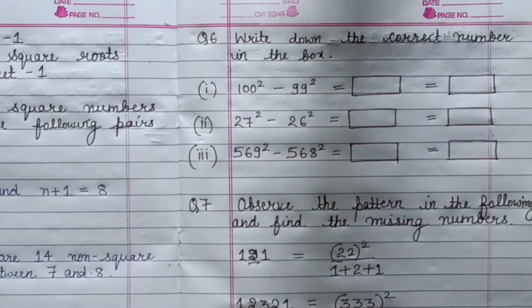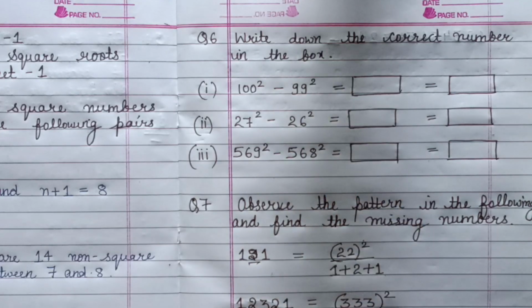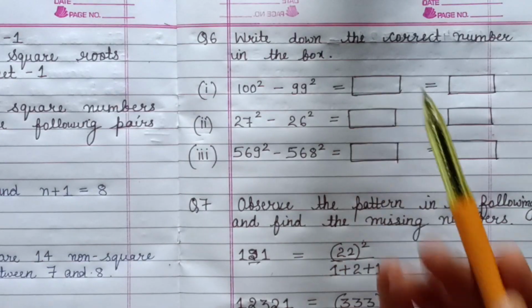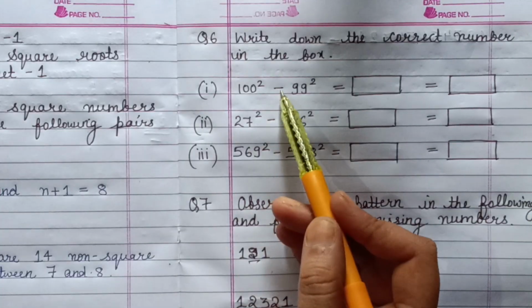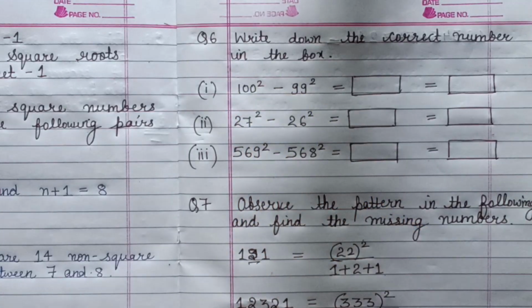Our question number 6 is: write down the correct numbers in the box. In this question, we have to fill these boxes. We know that the difference of the squares of 2 consecutive natural numbers is equal to their sum. Again, I repeat, the difference between the squares of 2 consecutive natural numbers is equal to their sum.